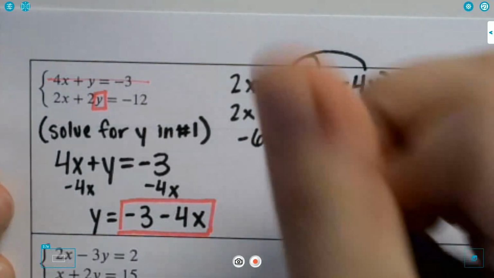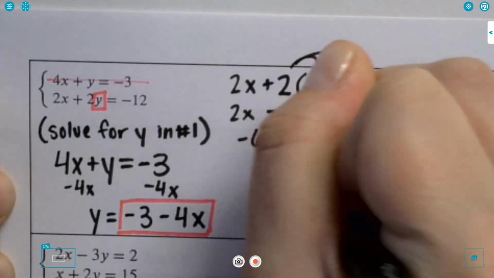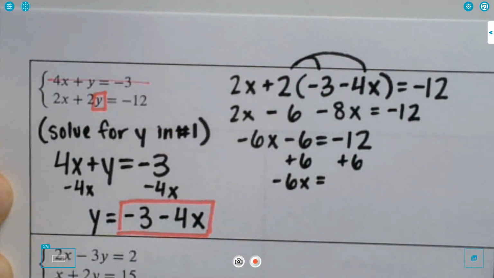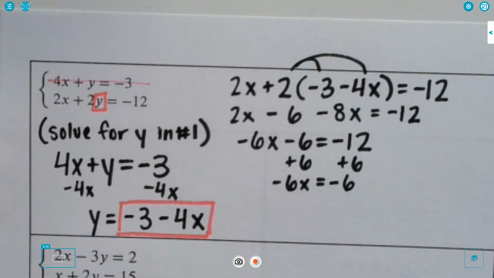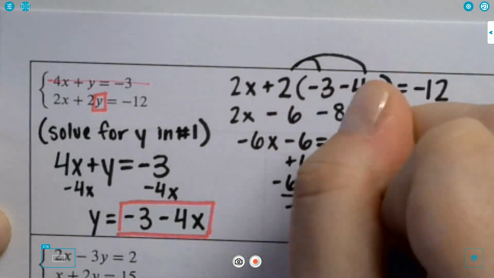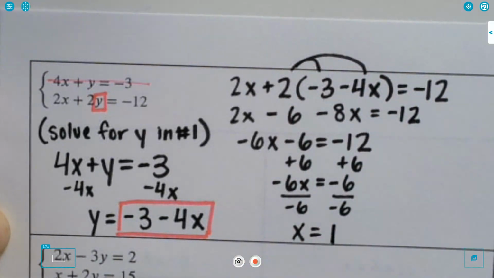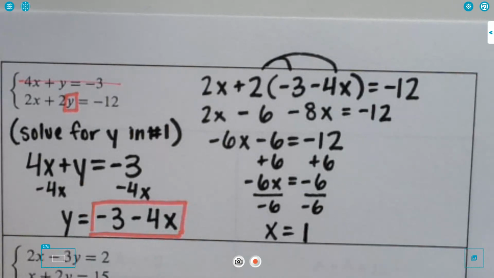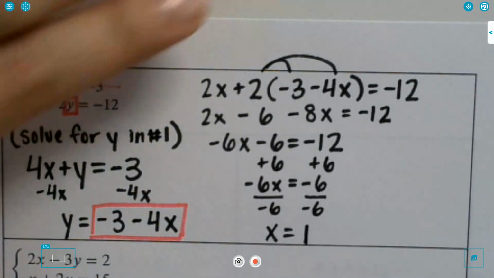Okay, and then we're going to add 6 to both sides. We'll have negative 6x equals negative 12 plus 6 is negative 6. And then we'll finish solving by dividing. Divide both sides by negative 6. X equals positive 1.